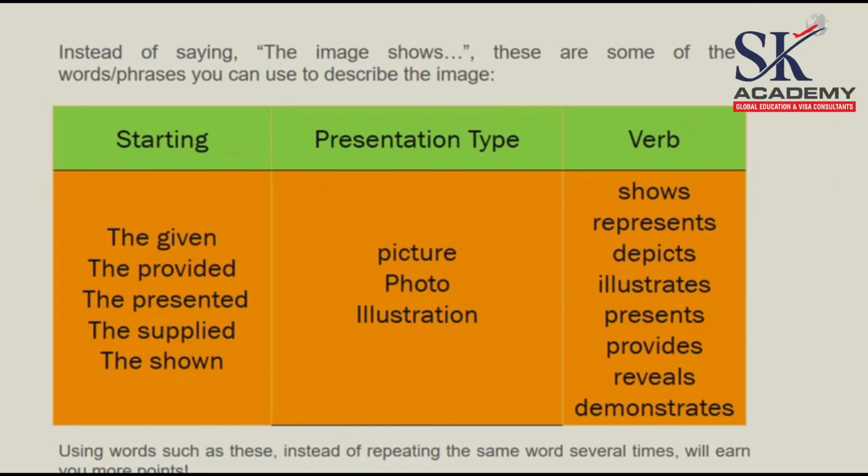And the same way you can change your verbs as well. You can use shows, represents, depicts, illustrates, presents, provides, reveals, or demonstrates. By doing so, you can show off your lexical resources, and that will help you to score better.